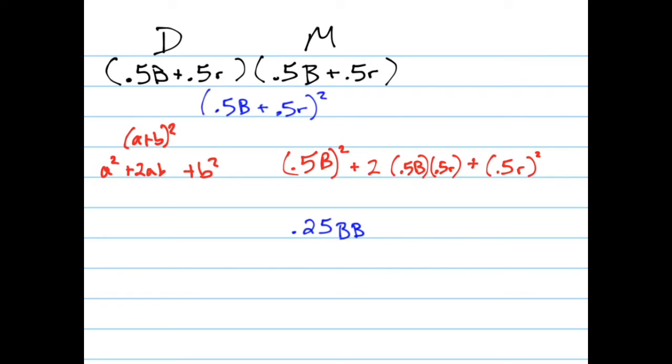Yep. Then in the middle, what's 0.5b times 0.5r? 0.25br. Then times 2 gives us 0.5br. And what's (0.5r) squared? 0.25r squared. Right, and I'm going to write r.